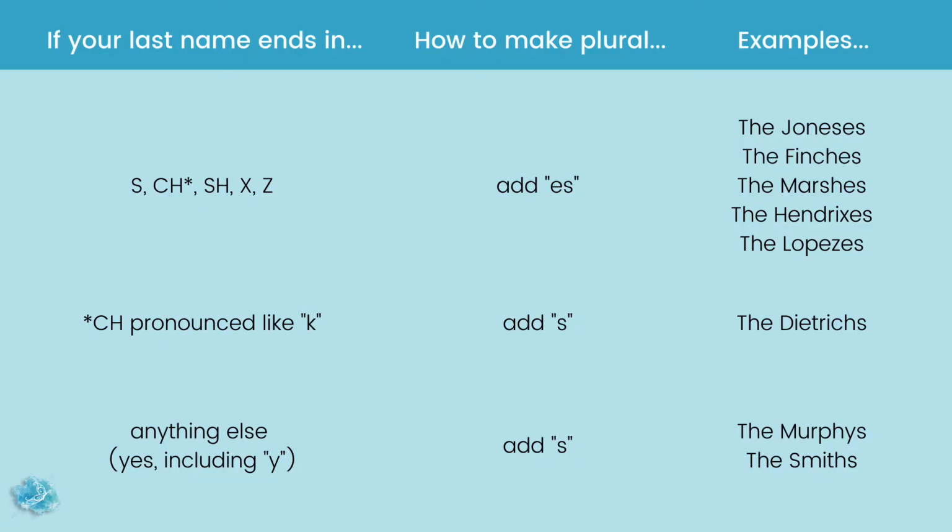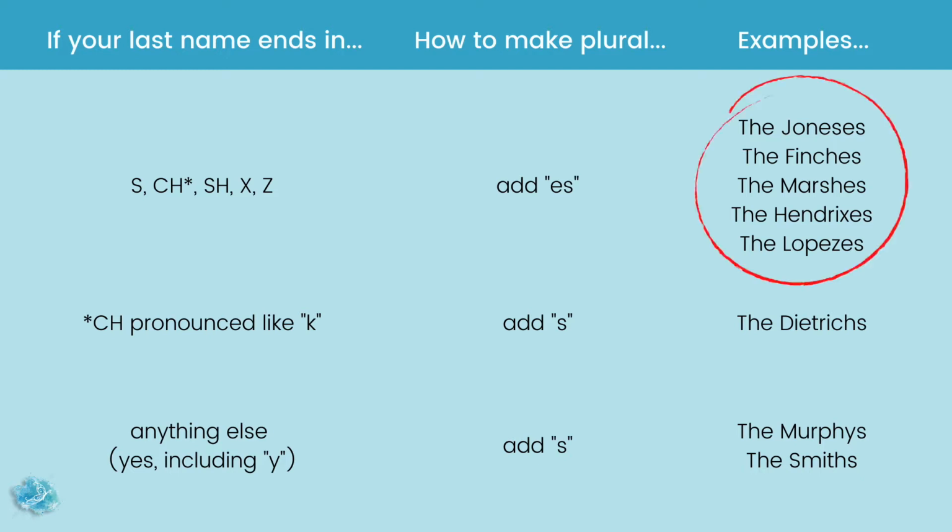But here's a little chart that I put together that's going to show you how to pluralize your last name. And it all depends on the letter or letters that your last name ends in. All right, if your last name ends in S, CH, there's an asterisk here, I'll come back to that, SH, X, or Z, all you're going to do is just add ES, and that's going to make it plural.